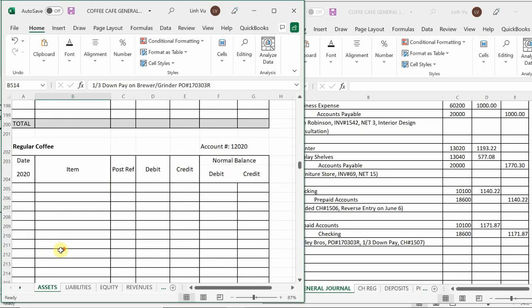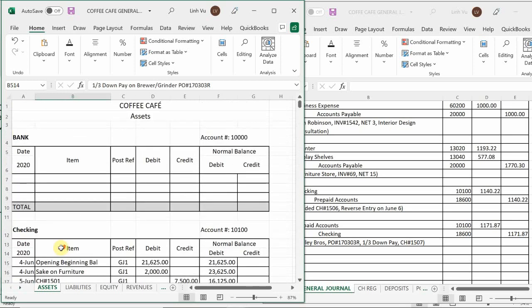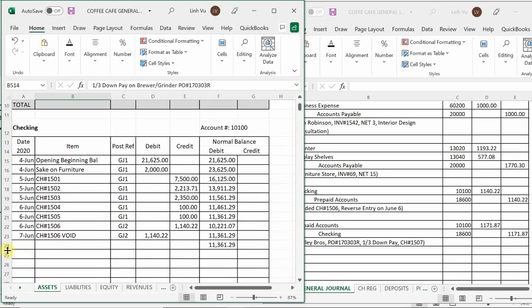Okay. So, of course, we wrote out a new check. Therefore, we have to go back to checking and enter in my brand new check for check number 1507, okay, which is on journal number 2, and this time I'm crediting it for 1171.87.